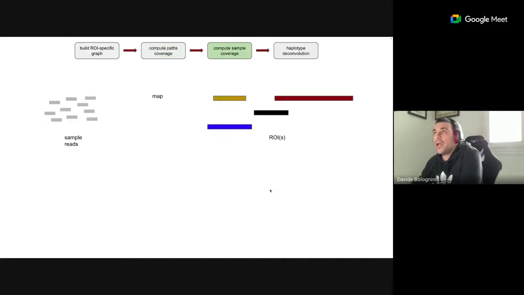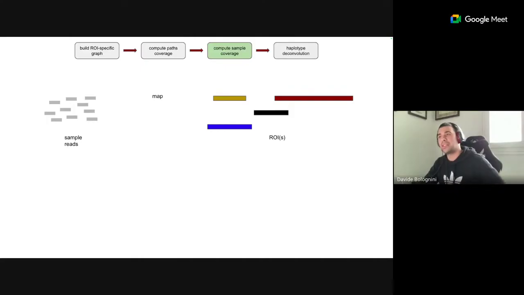Okay, so because we want to genotype a certain sample, we take its reads and we map them to the regions that we have extracted from the assemblies. And this can be done using standard aligners. We use BWA-MEM for this, actually BWA-MEM2, which is a bit faster.